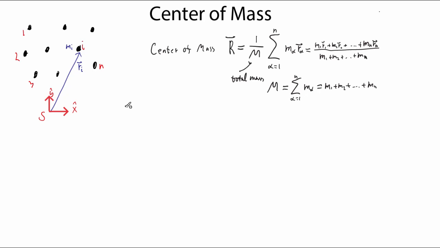If we specifically look at a two-particle system, so let's have a two-particle system here, which is one particle here, and particle 2 there. Then we get, obviously, that R equals m1 r1 plus m2 r2 divided by m1 plus m2.